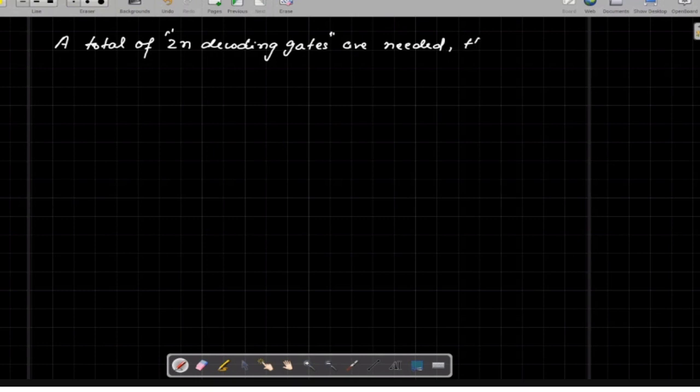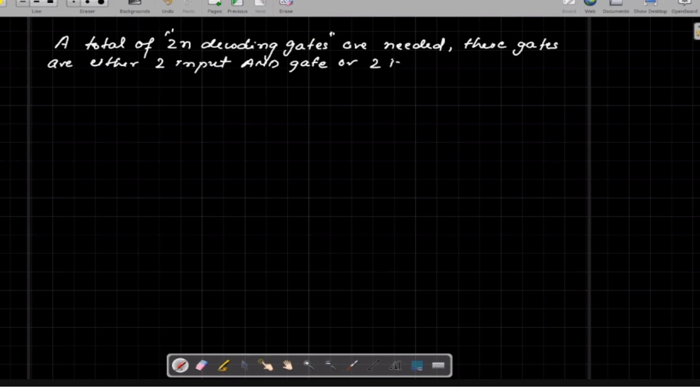and these gates are either two input AND gate, or two input NOR gate.